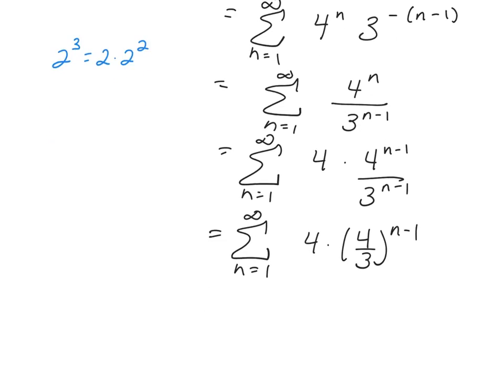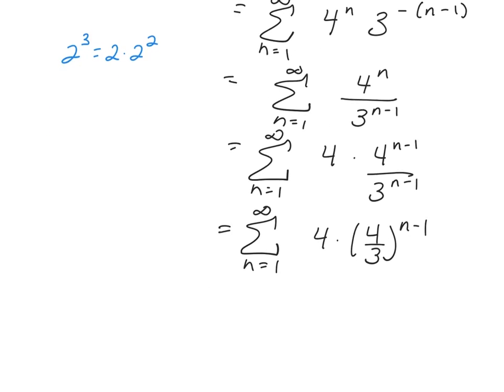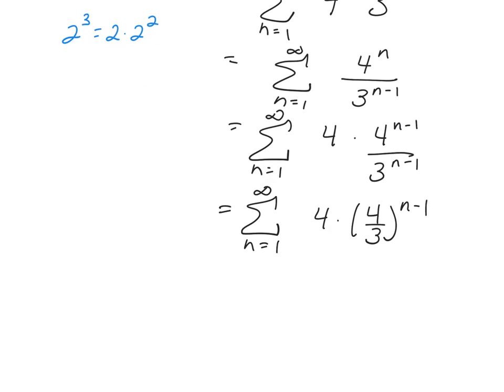So do we now see that this is a geometric series? What's my r? 4 over 3. Once you know the value of r, you can immediately determine if this series converges or diverges. What do you think? It diverges because this is a number bigger than 1.